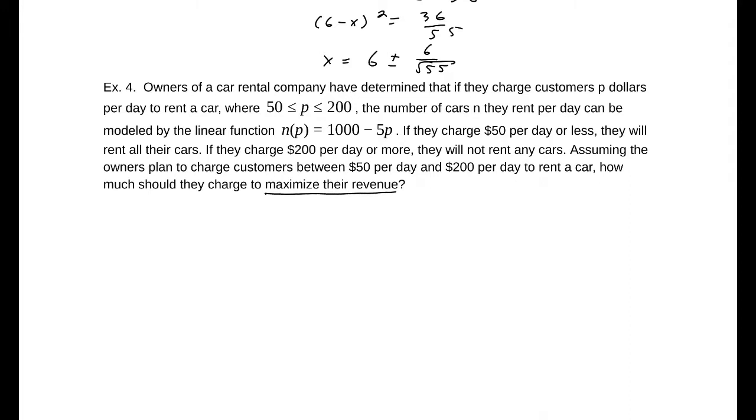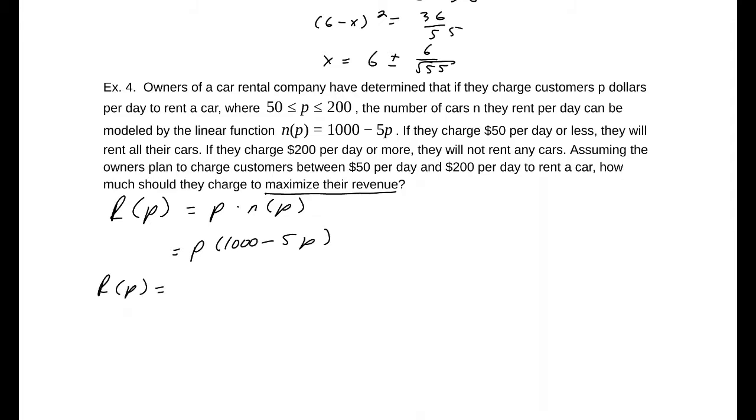What we need is a revenue function here. And in this case, our revenue function is given by R, in fact, this is in terms of price. So R of P equals price times N of P. Well, our price is just our variable, and N of P is 1,000 minus 5P.